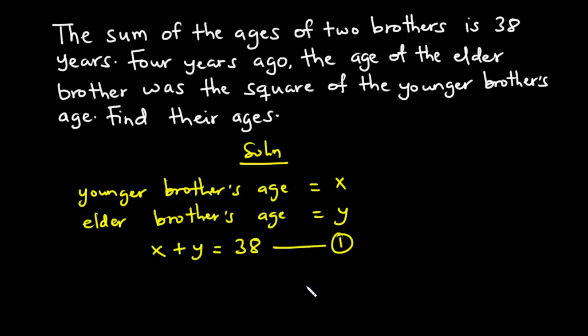Now from the second statement, 4 years ago, the age of the elder brother was the square of the younger brother's age. So now let's derive their ages 4 years ago.